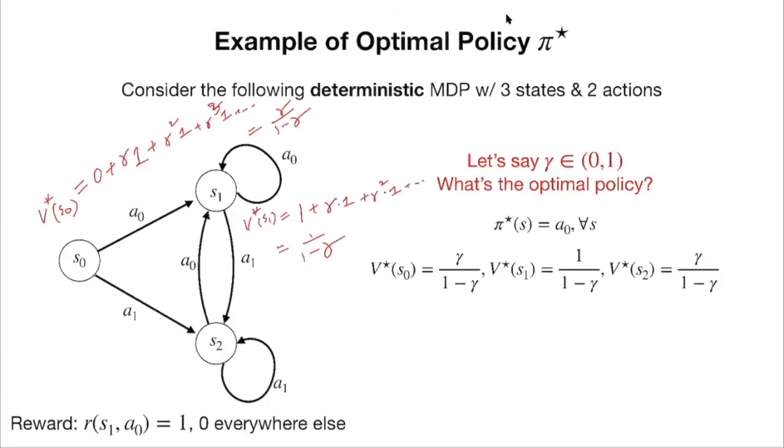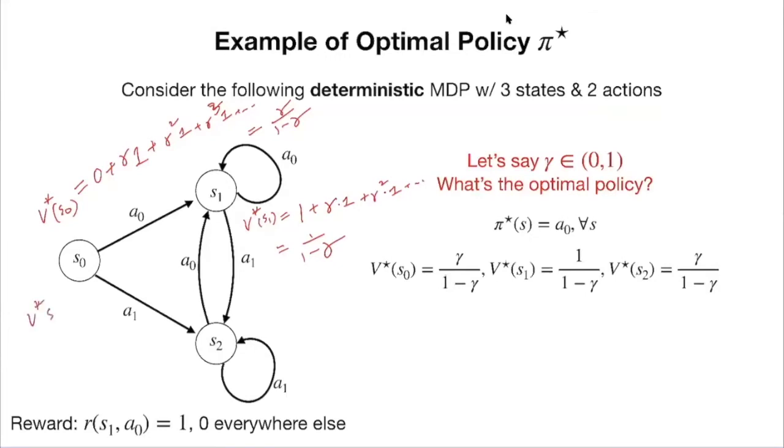Okay. And you can do the same thing for V star S0. And let's verify if the Bellman equation holds in this example. So let's check if the Bellman equation holds for V star S0.